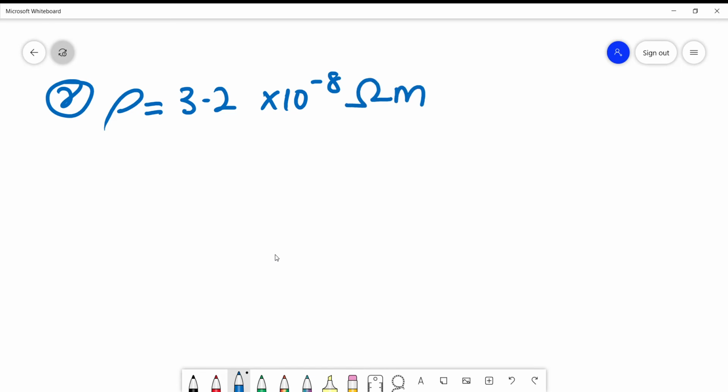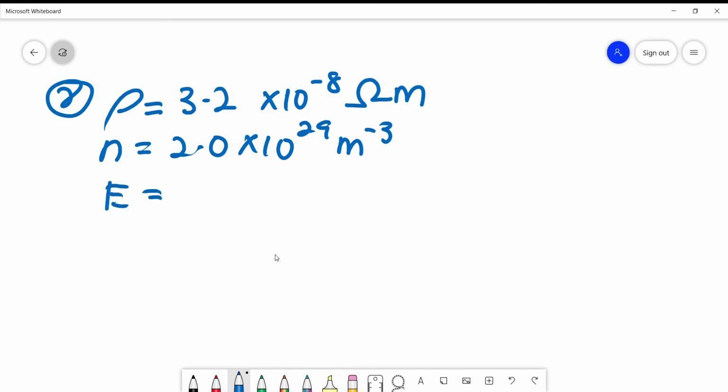The second piece of information is the electron density, which is 2.0 times 10 to the power of 29 per meter cube. For the third, the electric field is 5.0 volt per meter. So these are the three pieces of information given by the question.